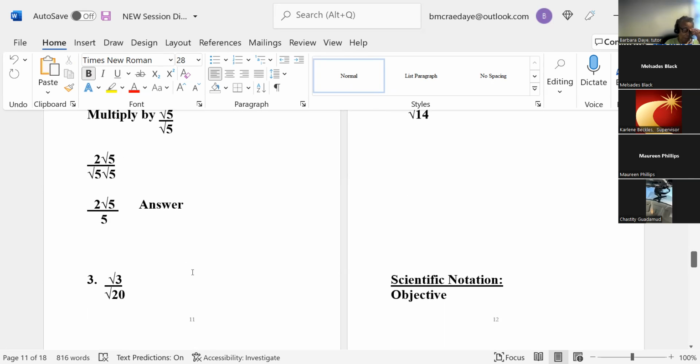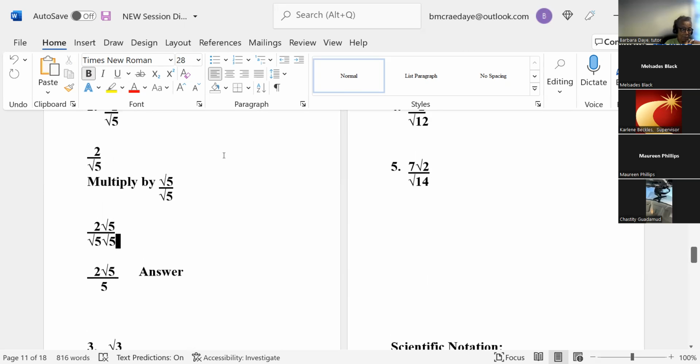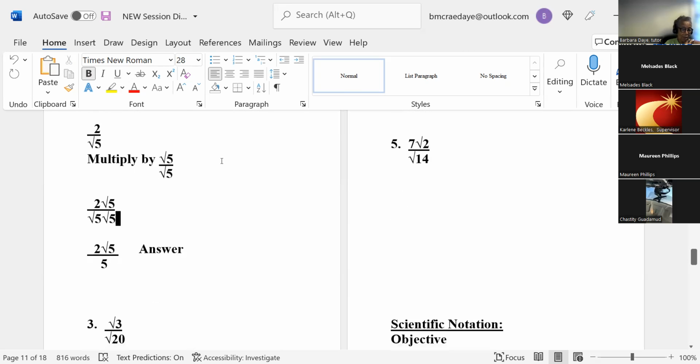Now, sometimes you're given these problems and you may have to factor the number to get the answer. Like these were prime numbers, right? The 5 is a prime number.